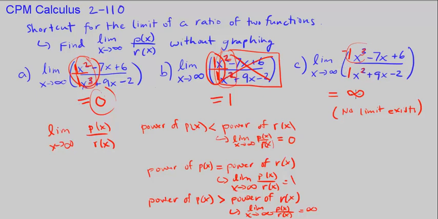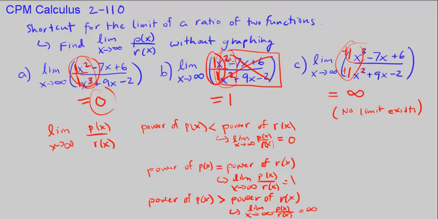If one of these was negative, then it would approach negative infinity, because negative divided by positive would make it negative, or positive divided by negative would make it negative. If they were both negative, it would still be positive. So keep that in mind. The coefficients, like plus or minus here, can matter, and change it to plus or minus infinity.